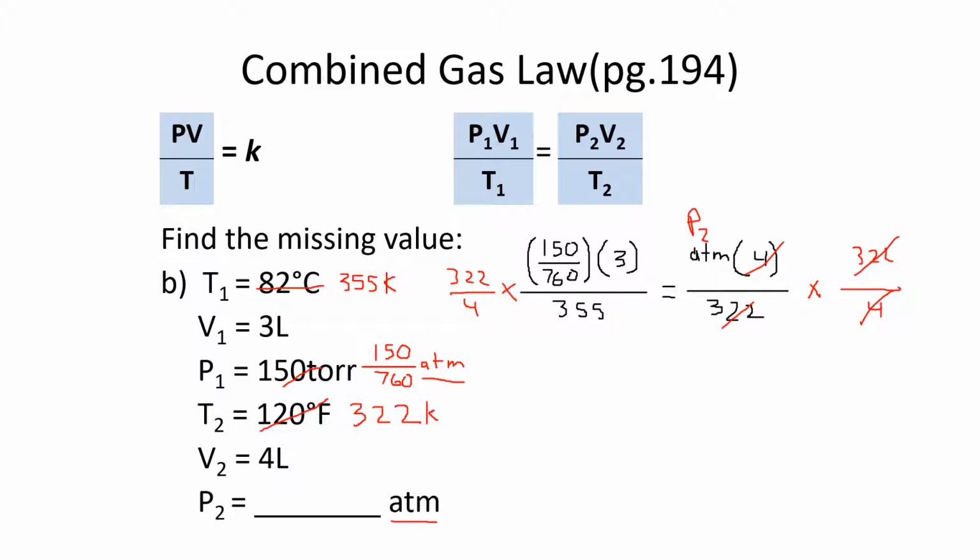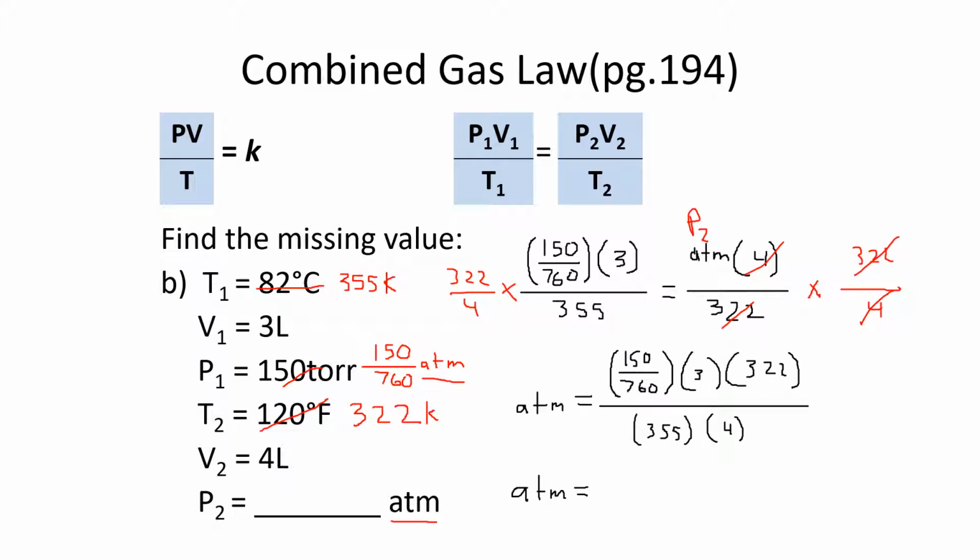And then you just need to simplify the left side of the equation. So to enter it, 150 divided by 760 times 3 times 322 divided by 355 divided by 4. 0.13 atmosphere of pressure. That's about right.